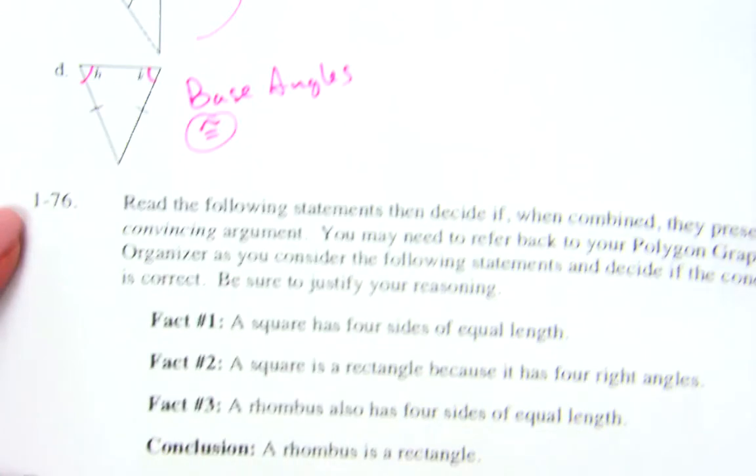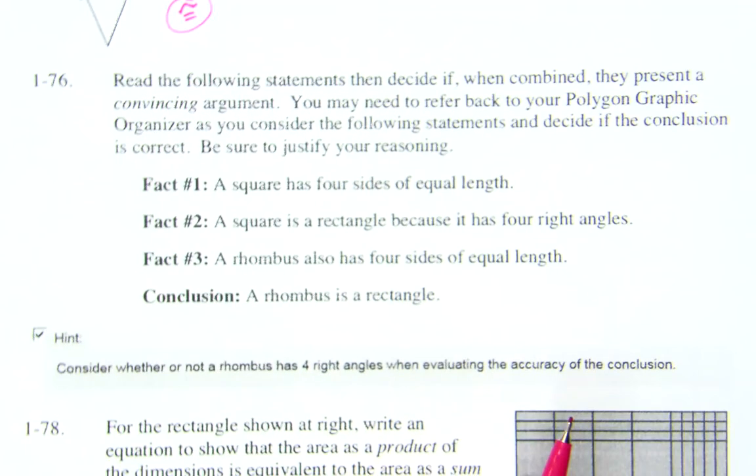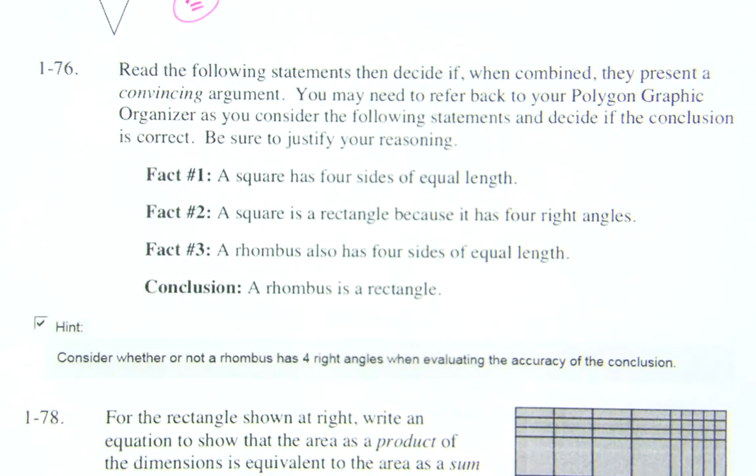Okay, 76. Read the following statements and decide if, when combined, they present a convincing argument. So you may need to refer back to your polygon graphic organizer as you consider the statements. The graphic organizer I gave you, I think it was the second day that we were in class, we did polygons. So if a square has 4 sides of equal length, a square is a rectangle because it has 4 right angles, which is true.